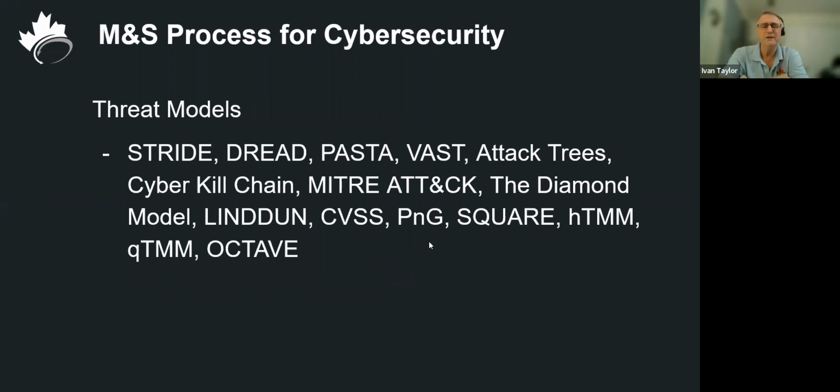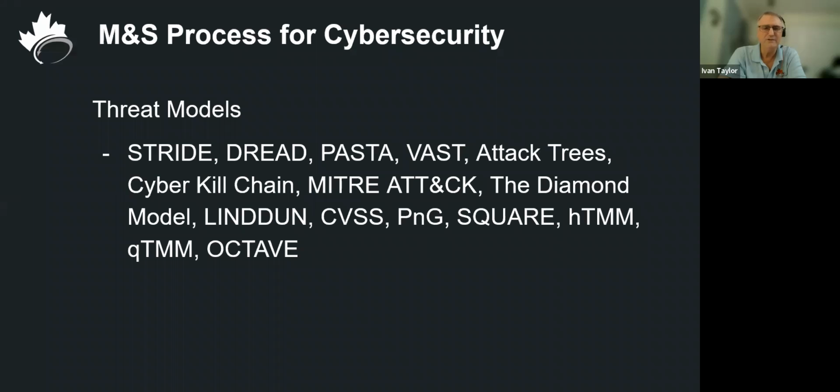We consider using a number of threat models. So there's quite a few threat models that you can use. For example, the STRIDE model, maybe some of you are familiar with it.